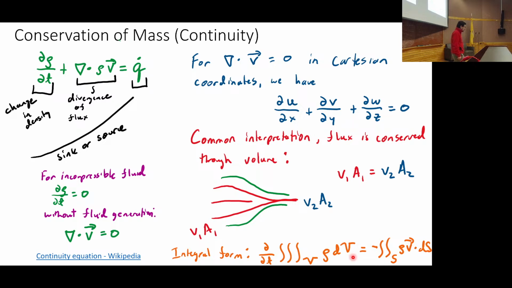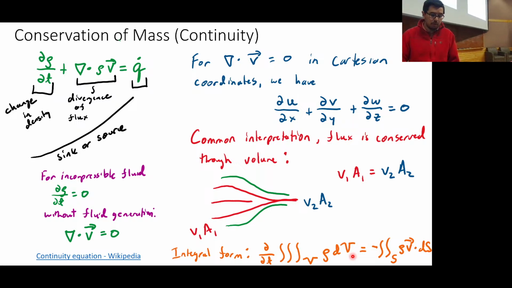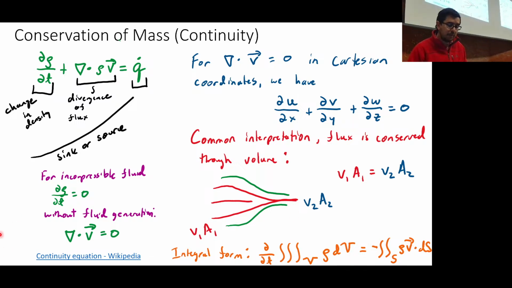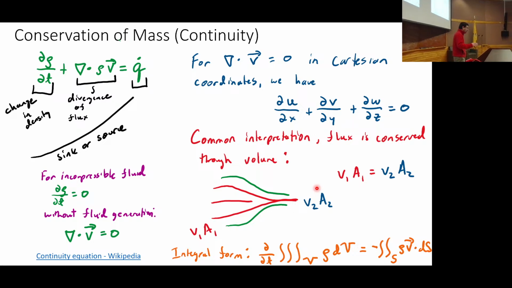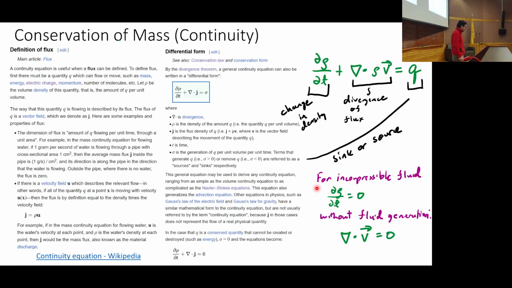So we can use this conservation of mass. We can think about it in the context of incompressible fluids, as we've already done here. And we can also begin to think about these fluxes as they go through these control surfaces. And we already showed the integral form of this.